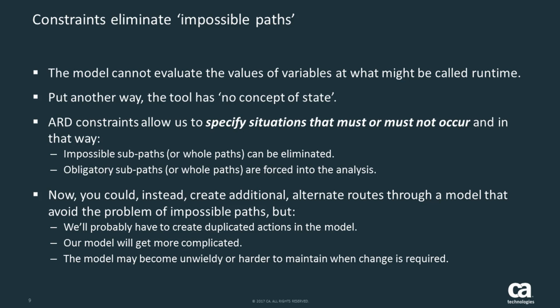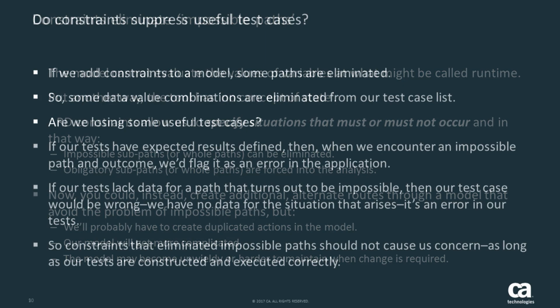But because of the inability of ARD to maintain state, these models are stateless, we get excessive paths, so we have to use constraints to reduce the number of possible paths.